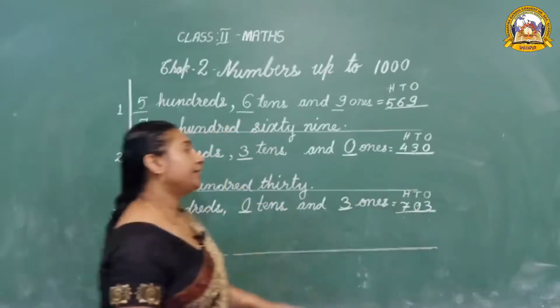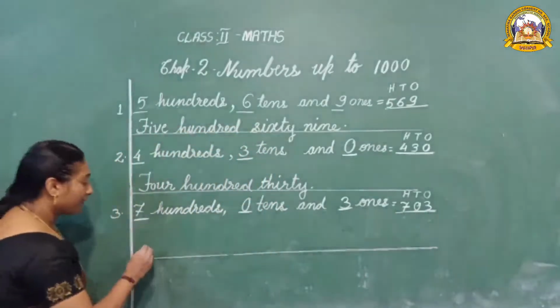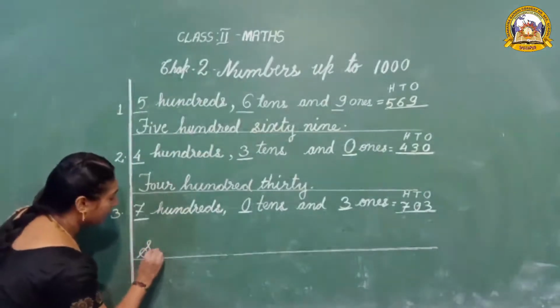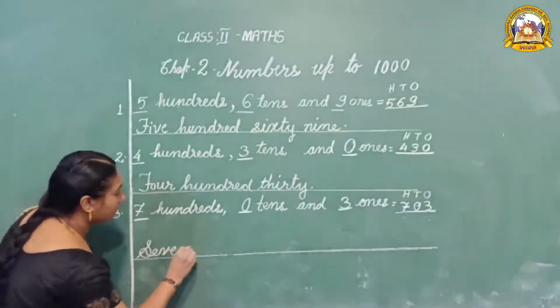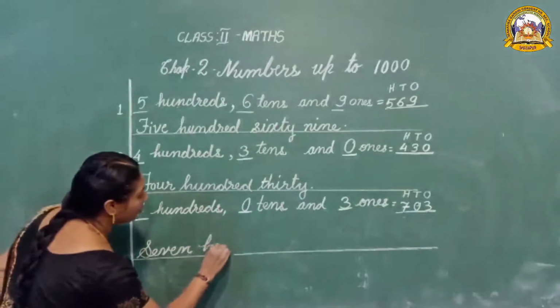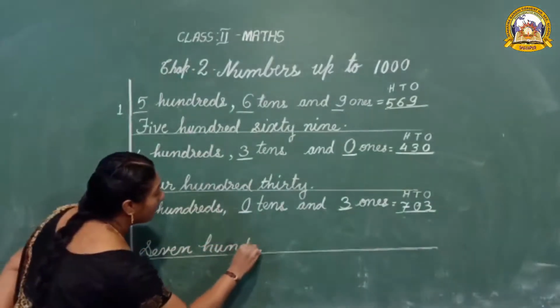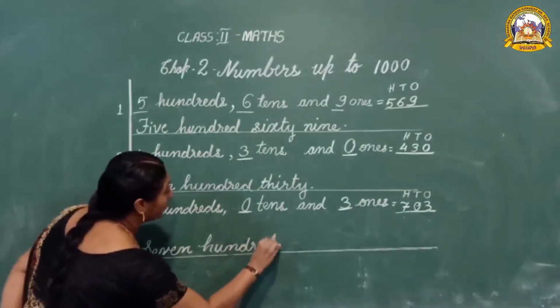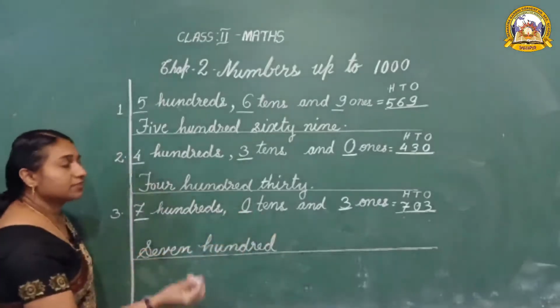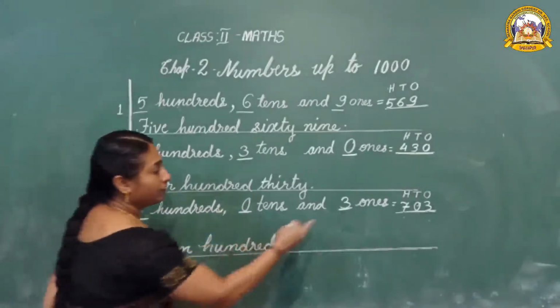Read 703. Let us write the name. 700. 7 S-E-V-E-N. 700. H-U-N-D-R-E-D. 100. 0 tens. There is nothing.